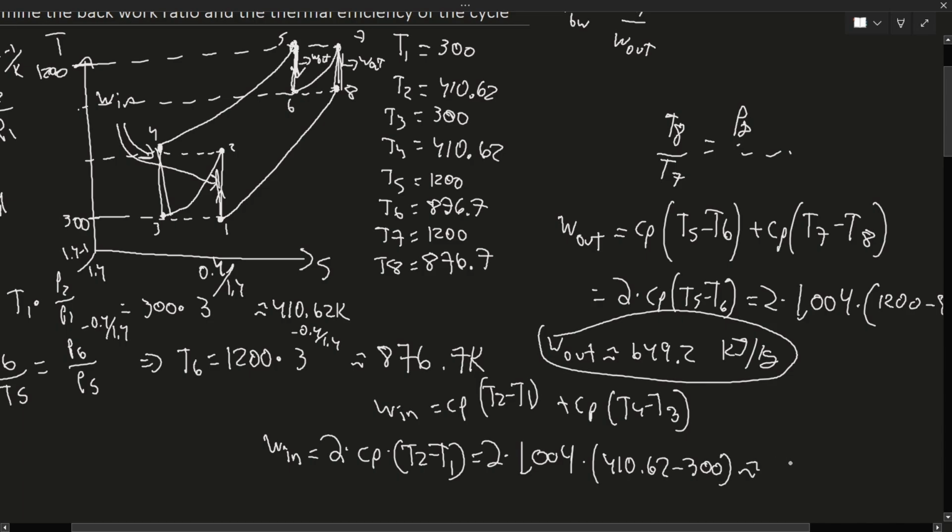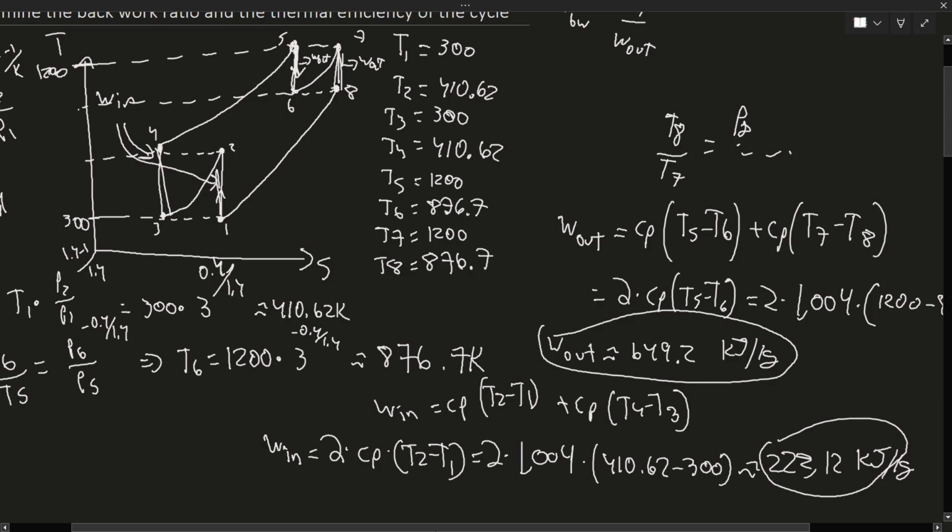This is going to give you a value of about 222.12. Sorry, guys. Give me a second. 222.12 kilojoules per kilogram.